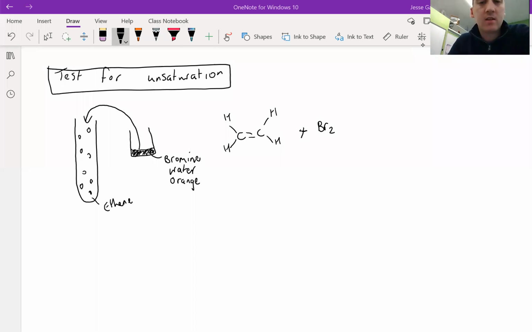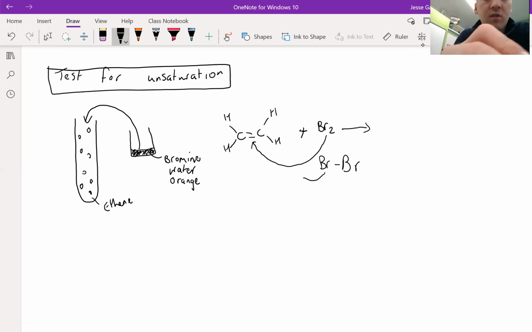Okay, so when we mix the bromine water with the ethene, what we get is this product. Basically, the bromine breaks the double bond, and one of the bromines sticks on to each of the carbons.